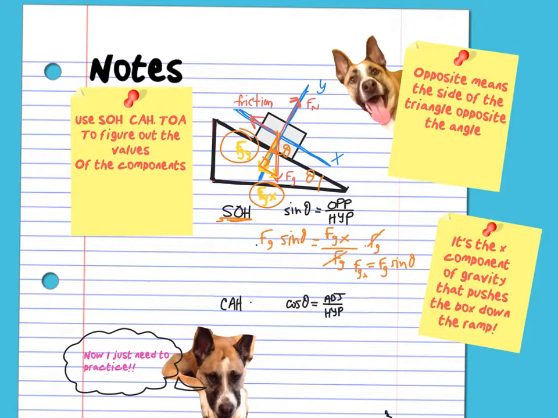Now, same thing if I want to look at this. For cosine, here is my angle. This is the side that's next to the angle. It's adjacent. That's what adjacent means, next to. So I am going to write the cosine of theta equals, and the adjacent side is the y component.